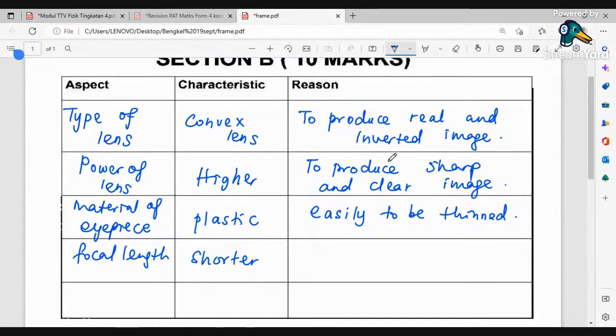Is it correct my word here? Okay, easy to change its thickness. Can easily change. Okay, focal length shorter, so it is higher power.